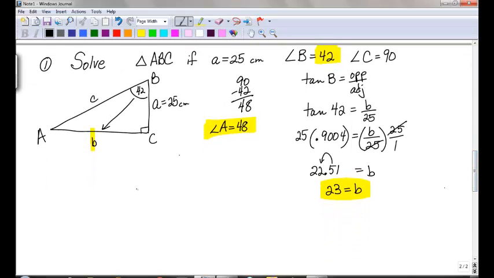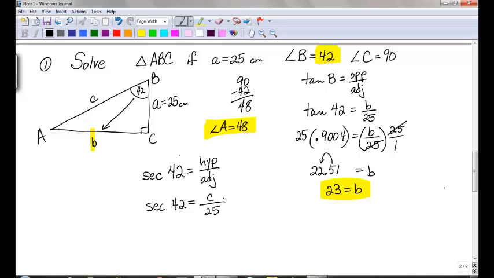Hypotenuse over adjacent. What is it? Secant, right? Secant of 42 equals the hypotenuse over the adjacent. So secant of 42, the hypotenuse is C, the adjacent is 25.